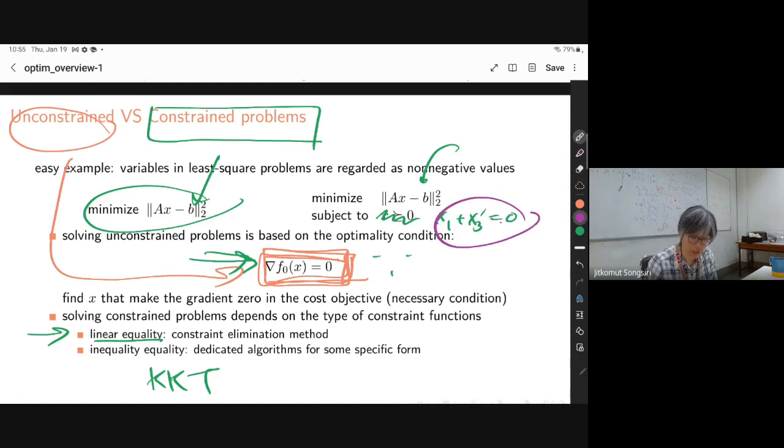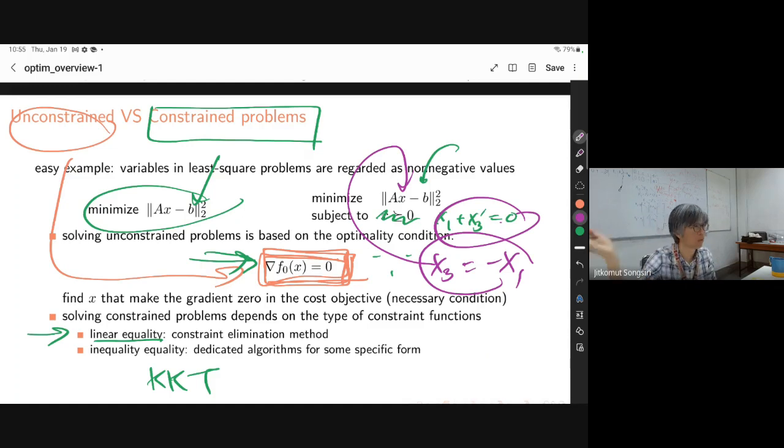An easy example is this: when x1 and x3 must obey this equation, why don't you just write x3 as minus x1 and put it back into the cost objective? Now x3 disappears. It's going to be a function of the remaining variables. That approach is called the constraint elimination method when you have linear equality.